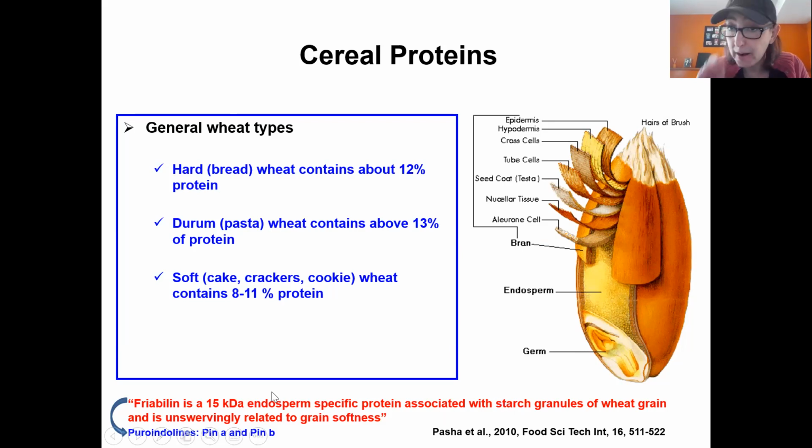If they are present, this is characteristic of soft wheat. And if these are genetically not present, this is characteristic of hard wheat. You might come across that in literature if you're reading it, so that you have an idea what pin A and pin B are.